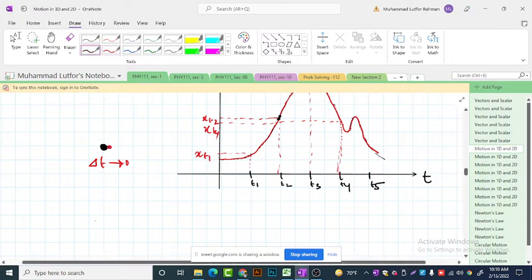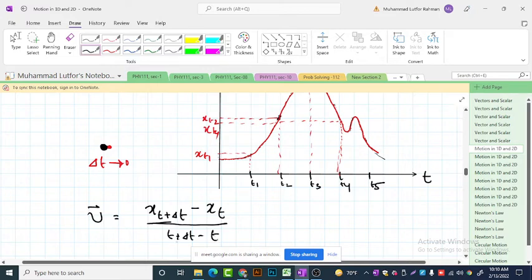Then if you want to find that velocity at that point, we can write the definition of the velocity. The final point is x(t plus del t) and the initial point was x(t), right? That's the difference between the two points, the displacement, divided by the time difference, which is t plus del t minus t.